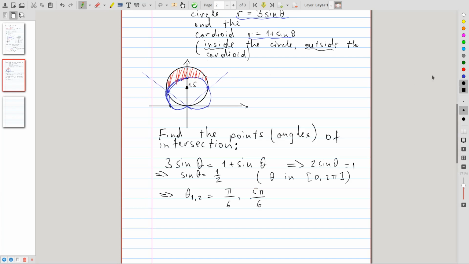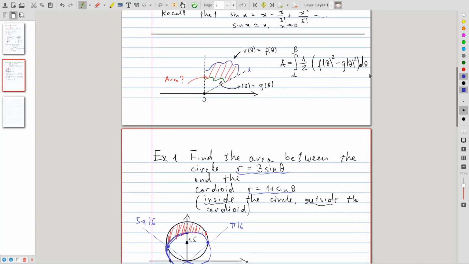And so clearly the two angles here are pi over 6 and 5 pi over 6. Great. So now we know the range in which we are supposed to integrate our expression right here. So we are ready to set up the integral.